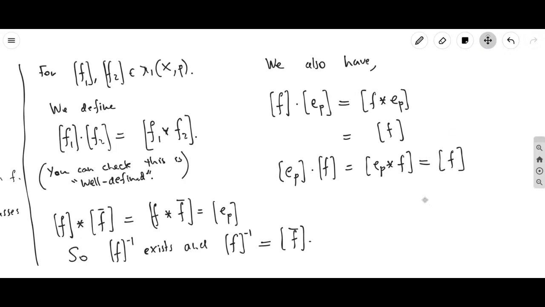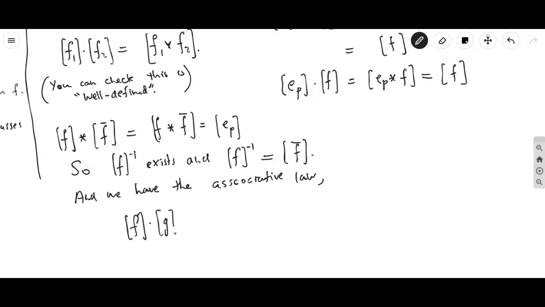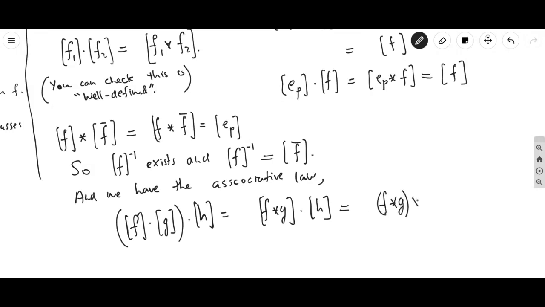So that is very nice. And of course, we have the associative law, that if we have F times G, bracket, times H, well, that would be F juxtapose G multiplied by H. So then that's equal to F juxtapose G juxtapose H. But that's exactly what we were saying before.